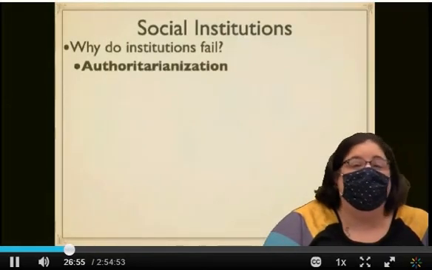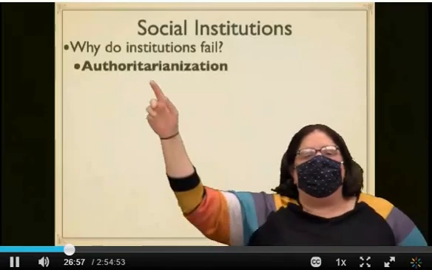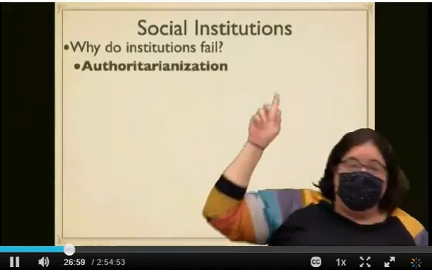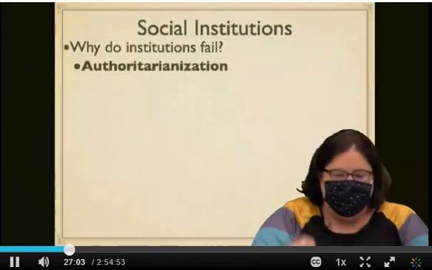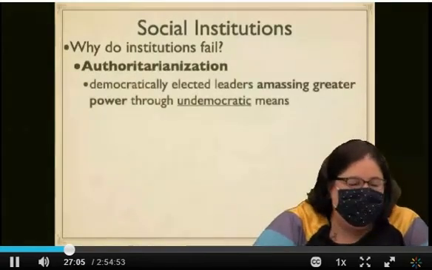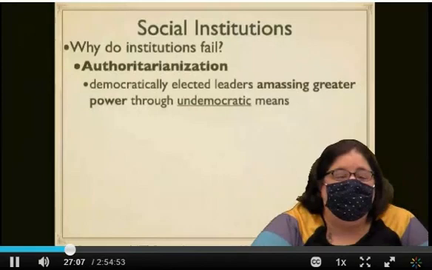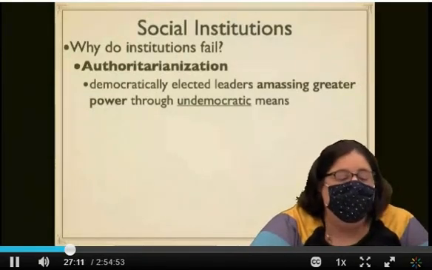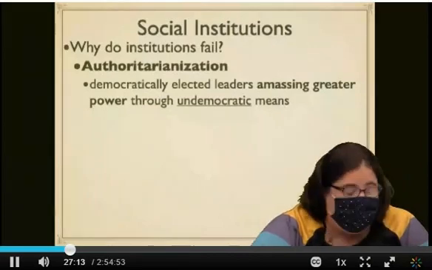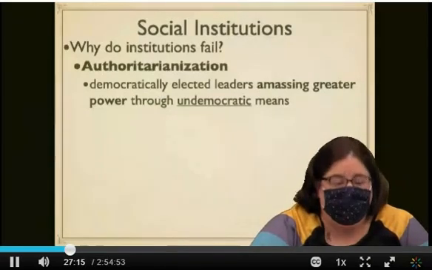Authoritarian leader. So this word is authoritarianization, the process of people becoming authoritarian. This happens when democratically elected leaders, people with legitimate power, start amassing greater power through undemocratic means.